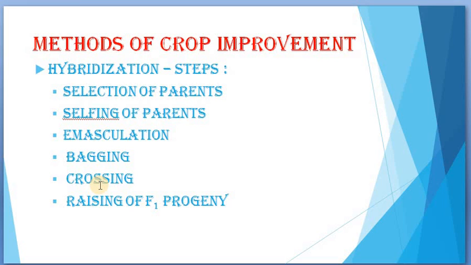Generally flowers which have colorful petals will be very receptive in the morning time, and flowers which possess white petals or a white corolla will generally be very receptive at night. So based on the kind of plant, the crossing will be done, and the time gap between bagging and crossing has to be a minimum of 8 hours. That means emasculation has to be done a day before, then bagging will be done, and then crossing will be done on the next day. So that is crossing.